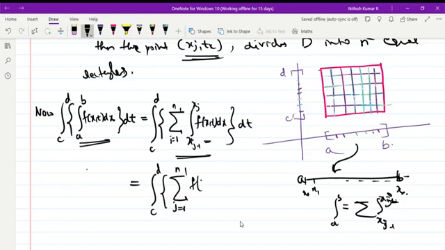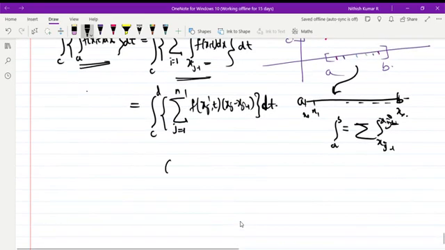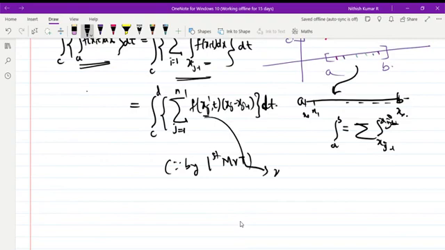Now this is written as f of xj dash comma t into xj minus x(j-1), into dt, by the first mean value theorem, where this xj dash belongs to the closed interval x(j-1) comma xj.